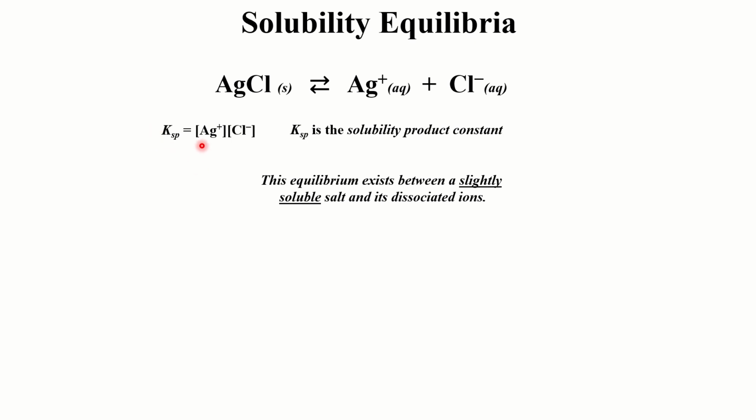So KSP would be equal to the concentration of Ag+ times the concentration of Cl-, the two products. Note that the AgCl is not included in this expression because it is a solid. So this is an equilibrium that exists between a slightly soluble salt and its dissociated ions.